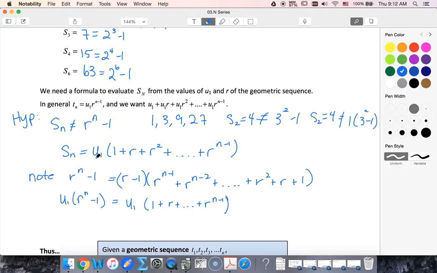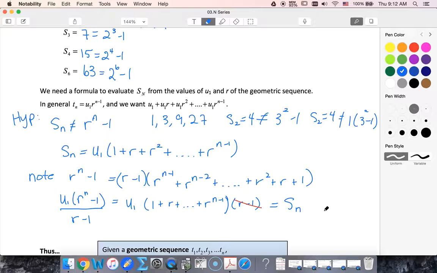This is the sum that I'm looking for. So we multiplied both sides by u1, but now I'm going to divide by this r minus 1 so that I can get my S sub n. So we divided this out to the other side, and now this is my formula for S sub n.